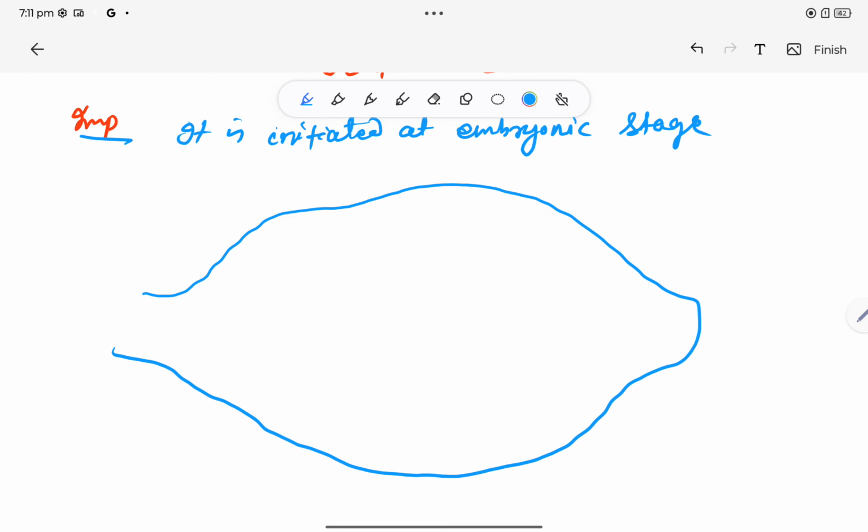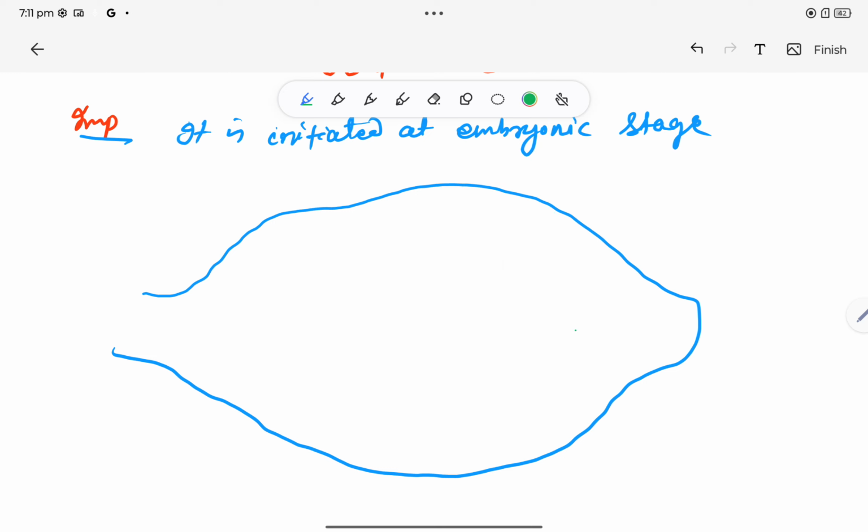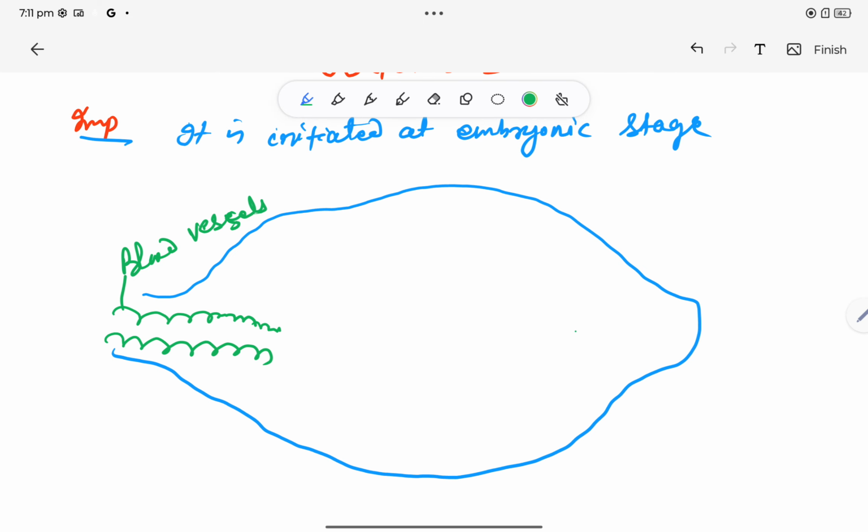In the ovary, blood vessels are supplied to the ovaries, and inside the ovary there is a lining of epithelial cells.